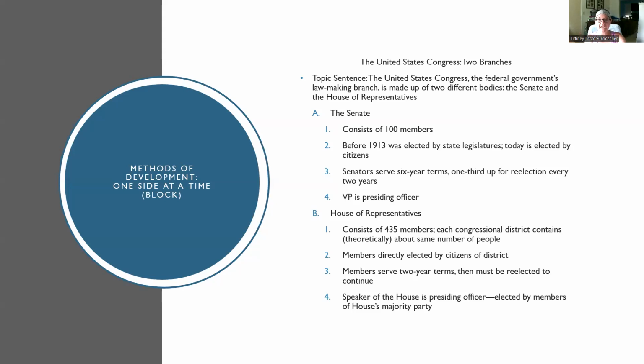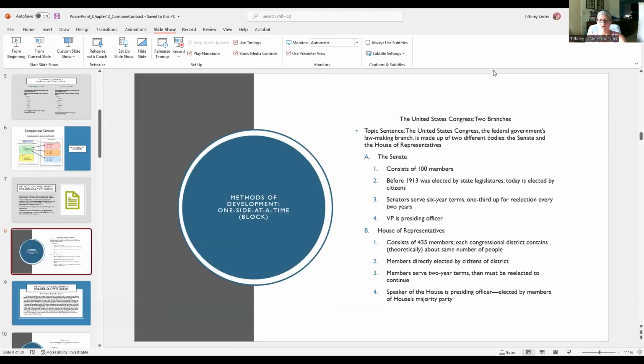So we have our two topics here. The United States Congress, two branches, right? So our topic sentence is the United States Congress, the federal government. Hold on. There we go. The United States Congress, the federal government's lawmaking branch, is made up of two different bodies, the Senate and the House of Representatives.